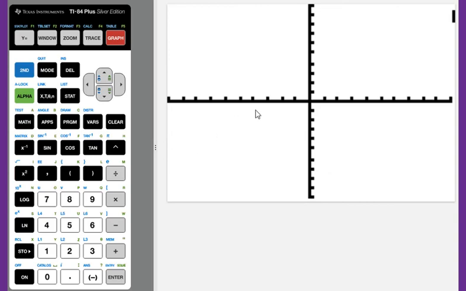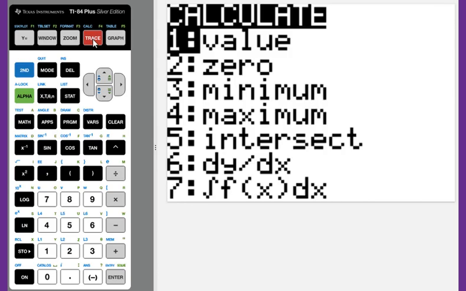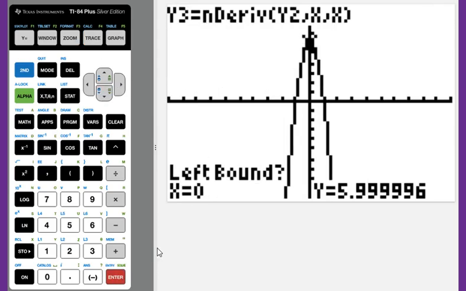For y3, since this is the second derivative of f(x), we want to figure out the inflection point, which means the second derivative of f(x) equals 0. I need 0. So we do second trace, 0, enter. We know x is greater than 0 from the given graph.